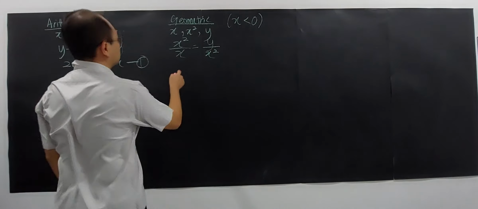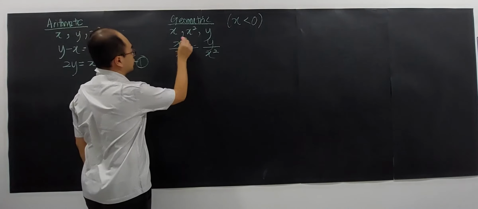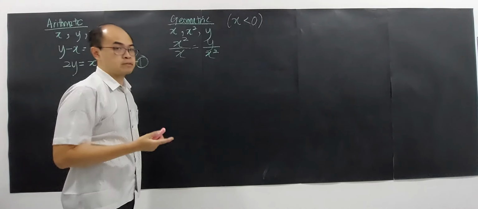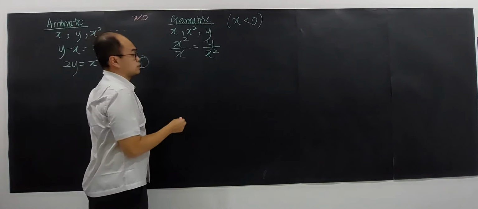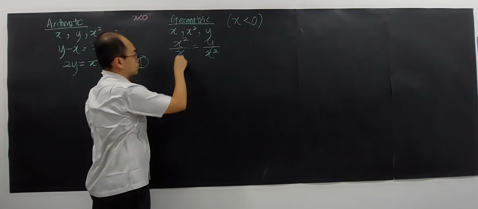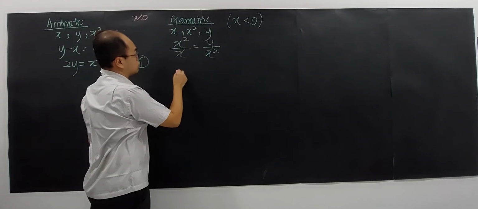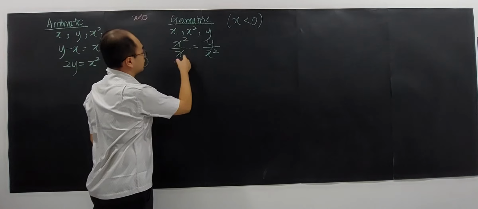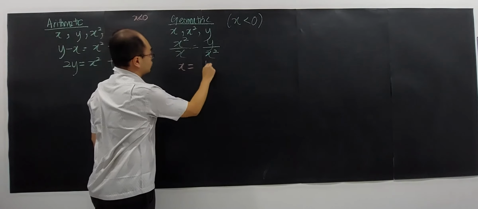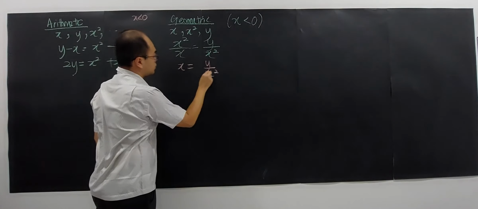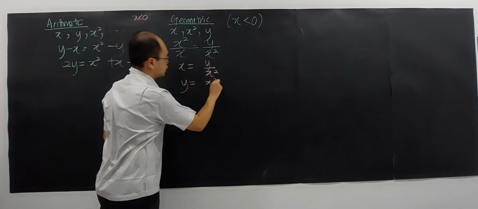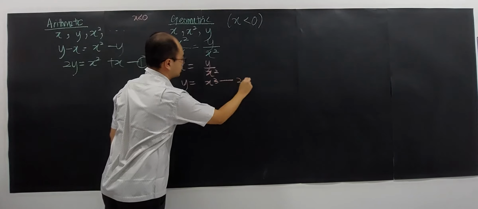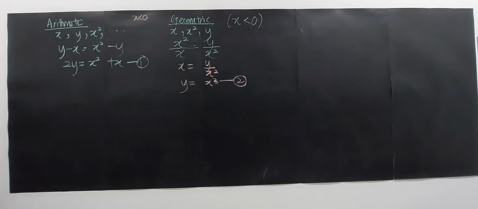We can simplify this because x cannot be 0. X is a non-zero number, so we can divide. x squared over x gives x, which equals y over x squared. Multiplying both sides by x squared, you get y equals x cubed. This is equation 2.